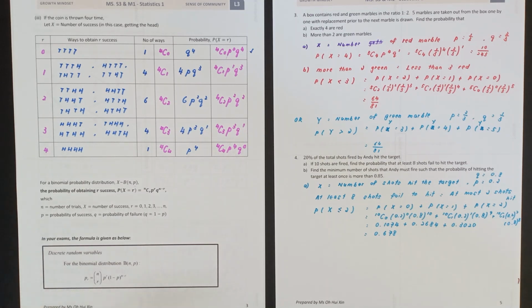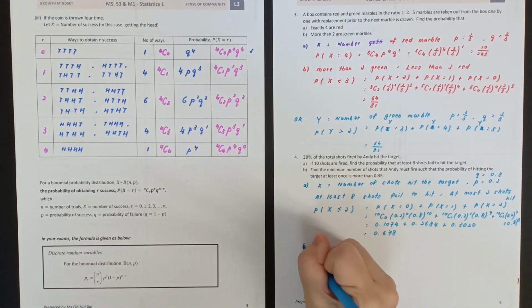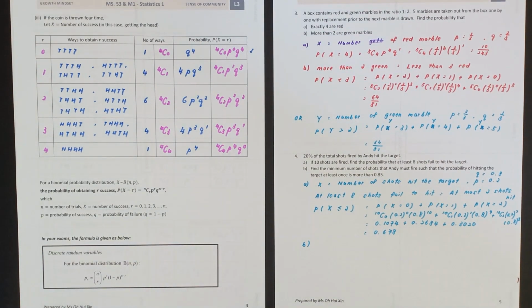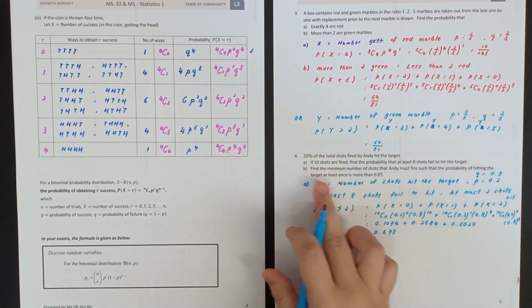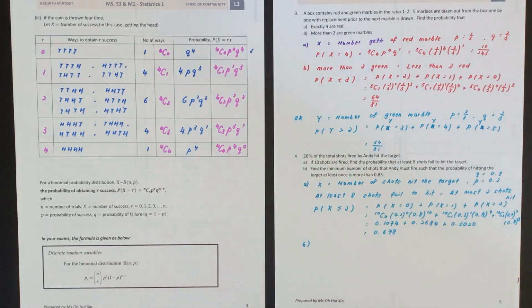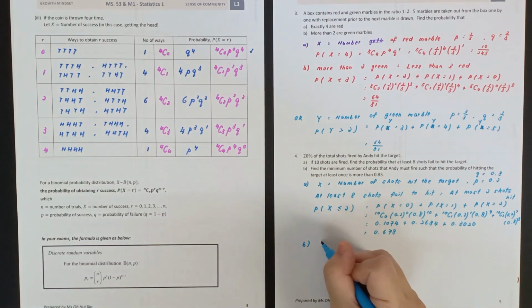So what is my n? You need to find the minimum n that you must shoot, basically. So B, let's try to write this in a mathematical way. Andy must fire so that the probability of hitting the target at least once is more than 0.85.